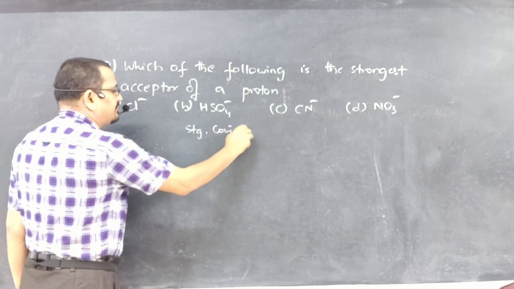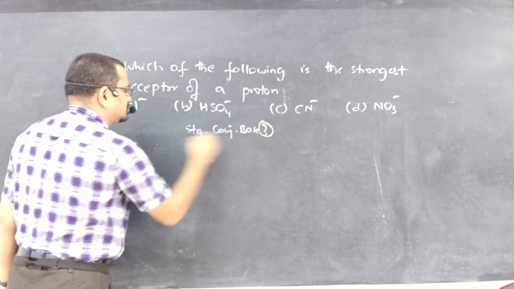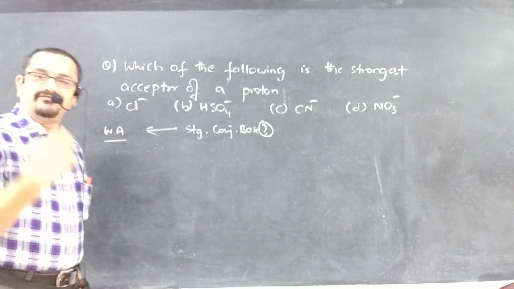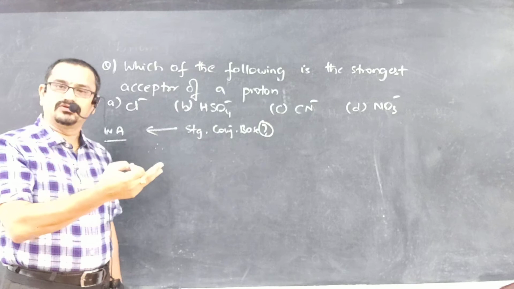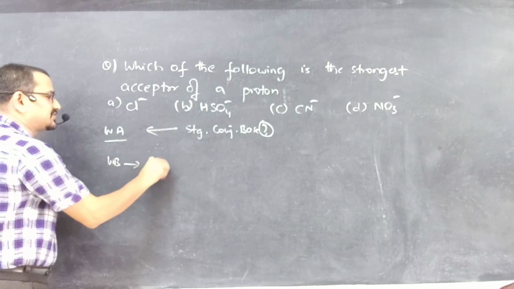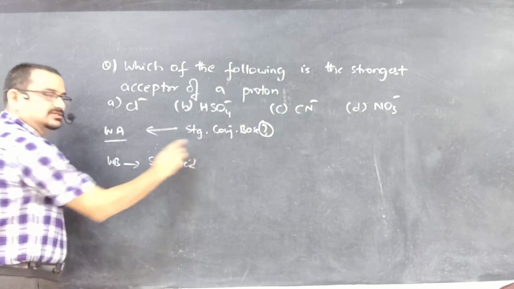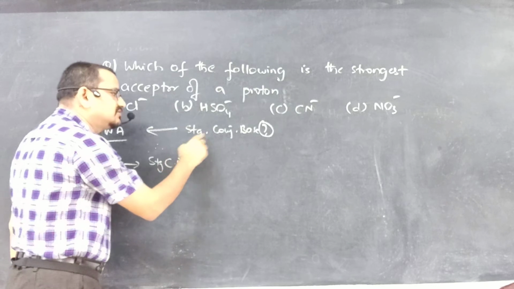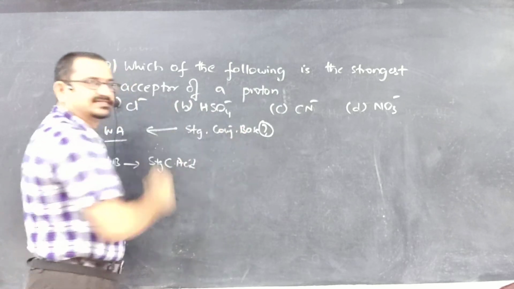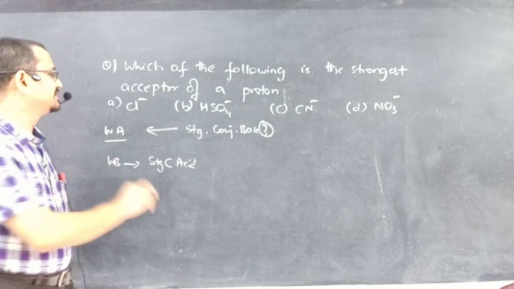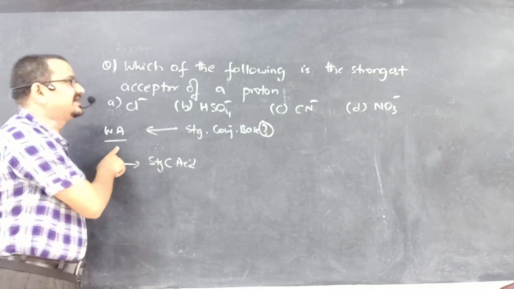So the parent should be a weak acid, because for a weak acid, its conjugate will be a strong base. For a weak base, its conjugate will be a strong conjugate acid. So based on this logic, as we are asked to find out strong conjugate base, its parent should be weak acid.